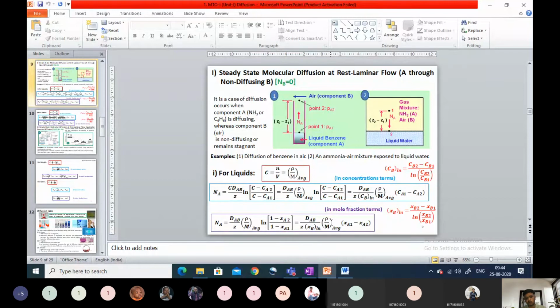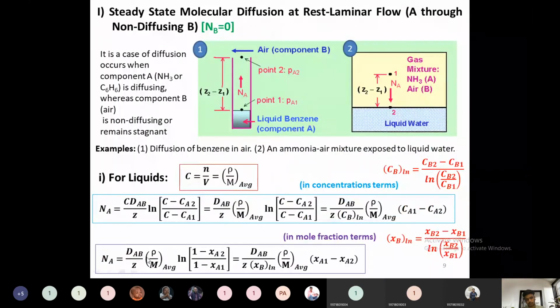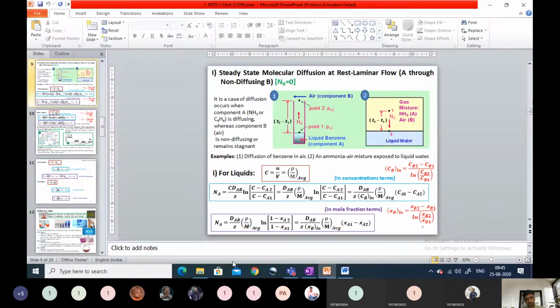Or this is also somewhat complex, XBLN. XBLN is equal to XB2 minus XB1 by ln XB2 by XB1. So simply they have given XA1 and XA2, they are already given 10% and 6% something. So we can use this formula directly. You have to apply your common sense first, which formula is best suited for the given data. So according to me, the best suitable formula for the given data is this one. NA is equal to DAB by Z, rho by M average, ln of 1 minus XA2 by 1 minus XA1.